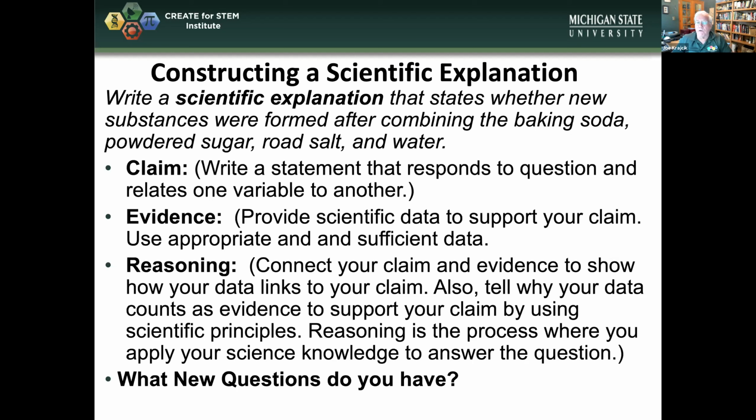It doesn't matter if you're a middle school student, a high school student, a college student, or a university researcher. It's really saying why the evidence that you have supports your claim. The only way you can do that is by using the scientific ideas, the big ideas. So reasoning is the process where you actually apply your science knowledge to answer the question.